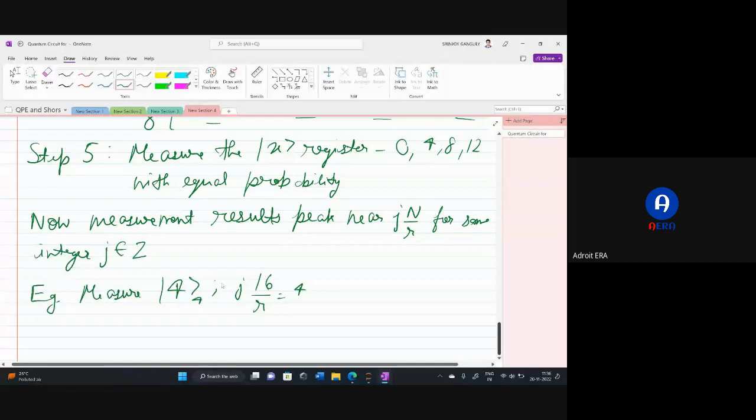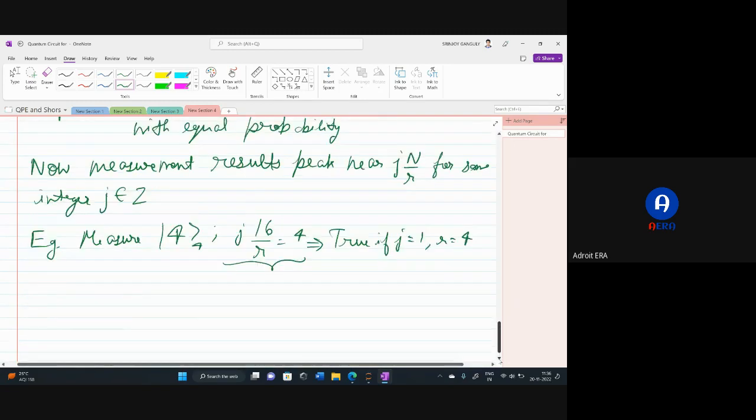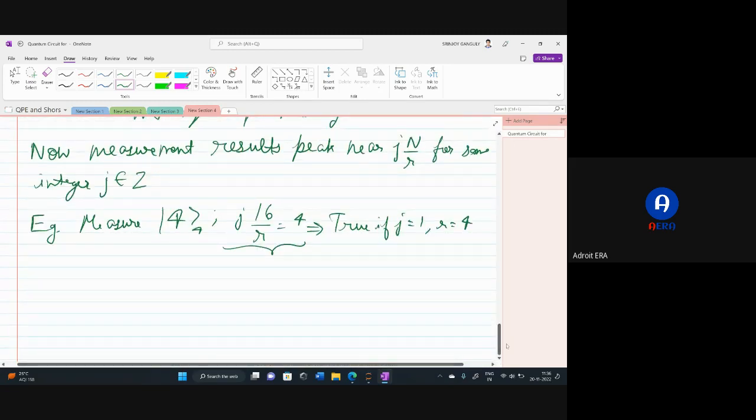We have taken only 4 qubits in the first register, so that's why 2 to the 4, which is 16. This equation will be satisfied when j is equal to 1 and r is equal to 4. So now we are going to try with all the values.